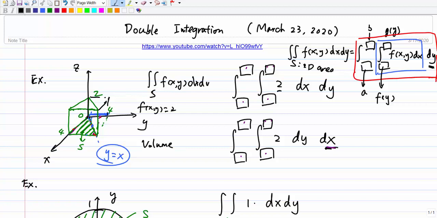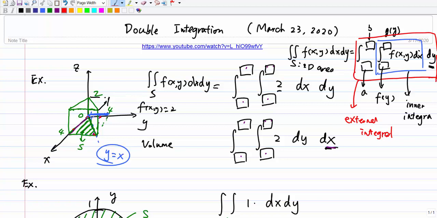dx dy. According to what I said, the main problem is to divide it into 2 steps. This inside one is called the inner integral. This outside one is called the external integral.